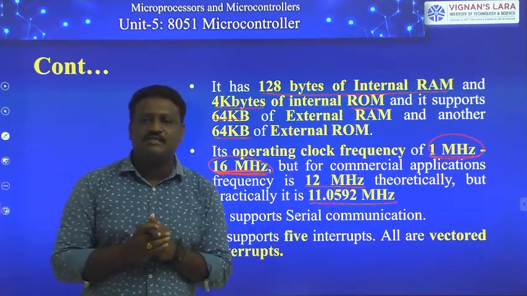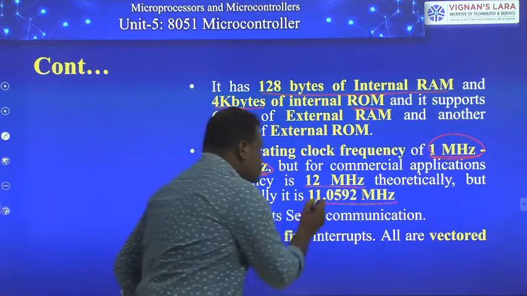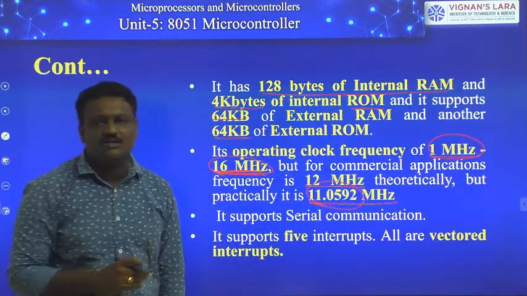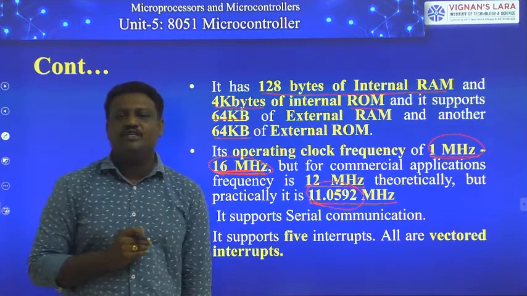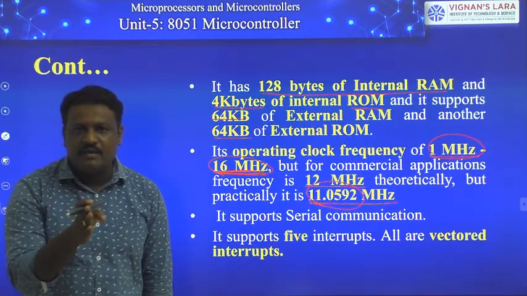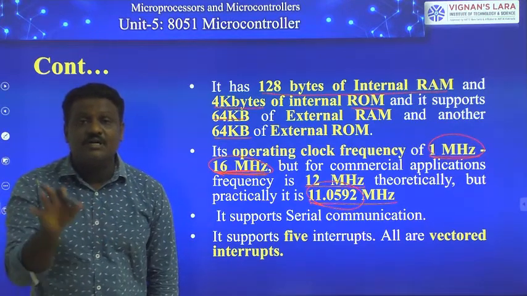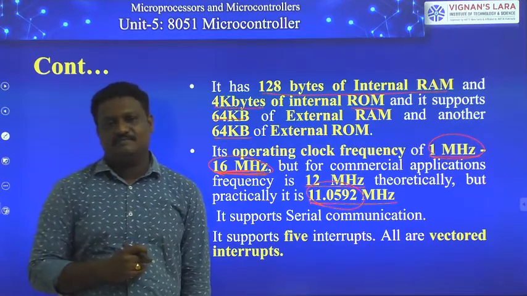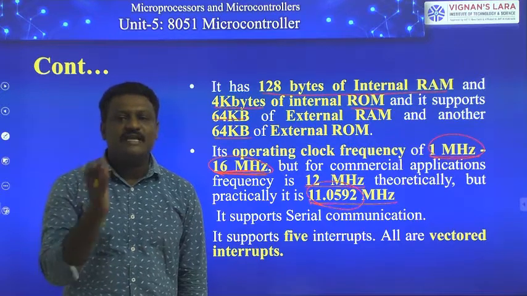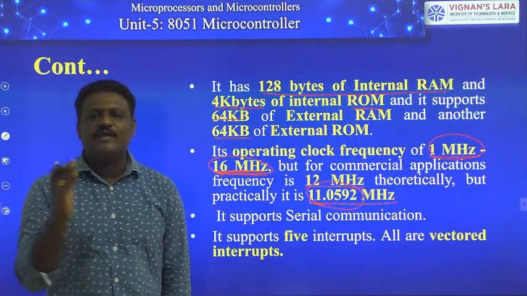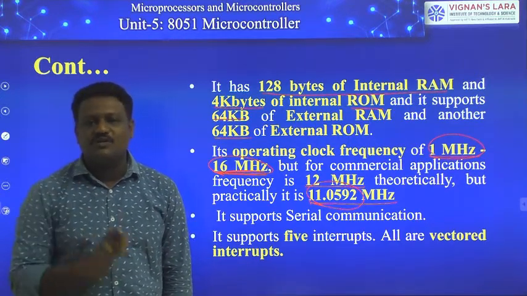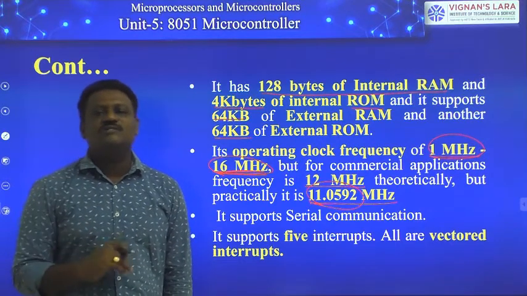The reason is, if you select 11.0592 megahertz as the operating clock frequency of your controller, then and only then are you able to get standard baud rates for serial communication, like 9600, 4800, 2400, 1200, 600.